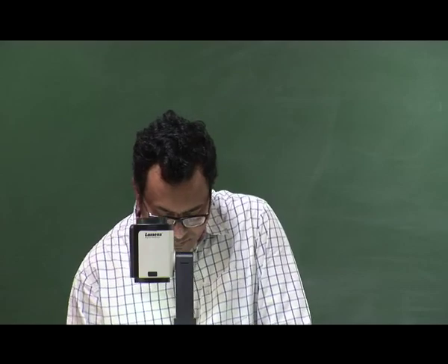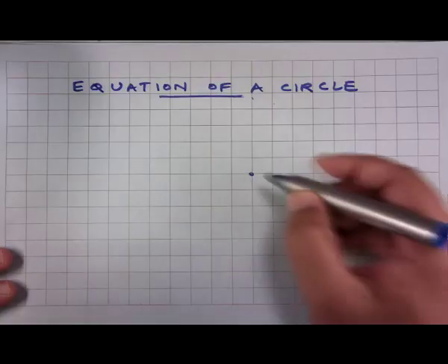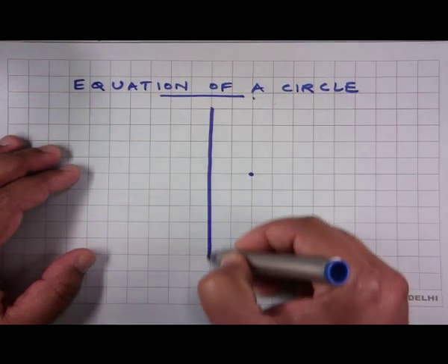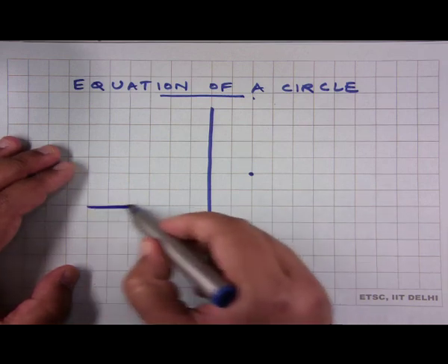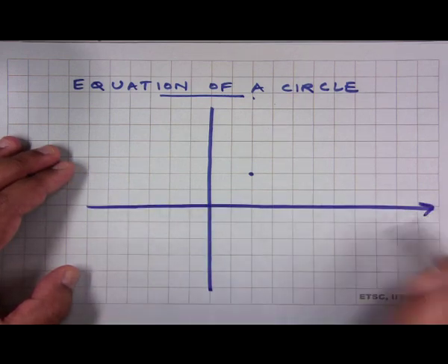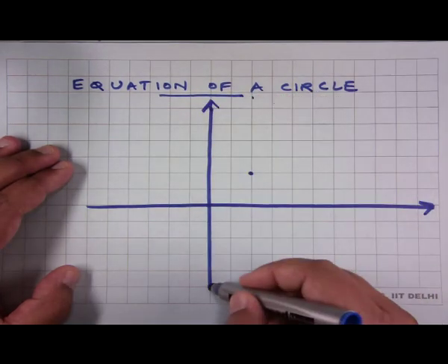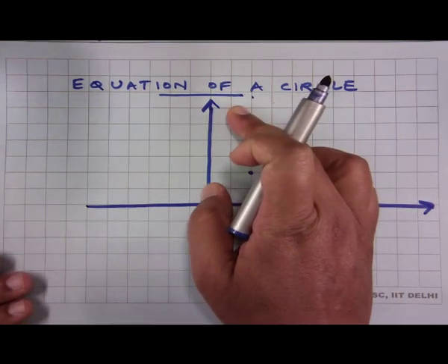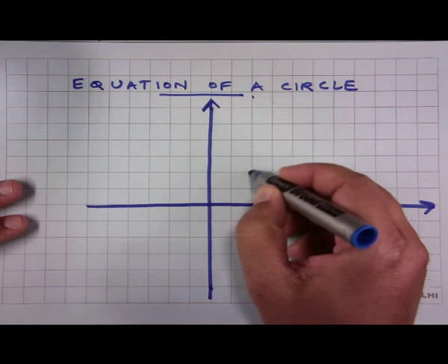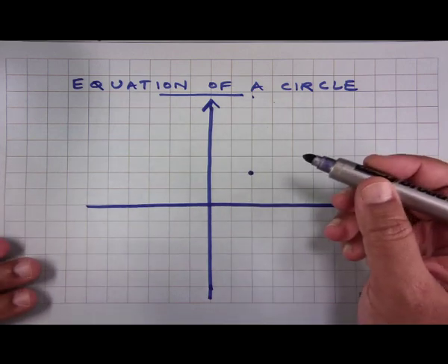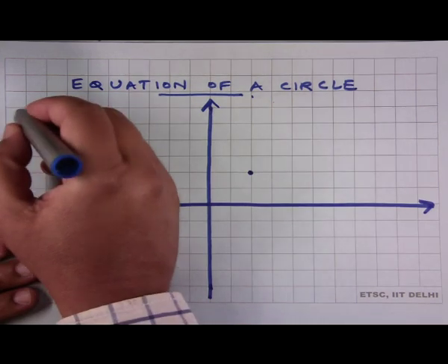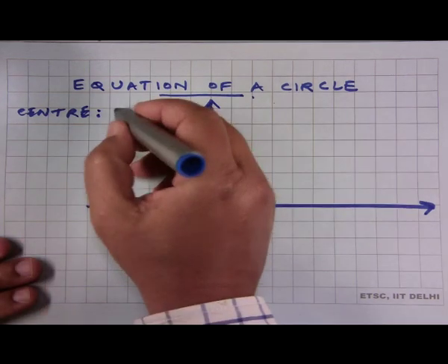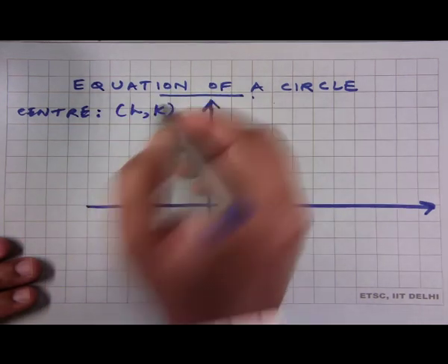Let us go back and let us say that these are the coordinate axes, x axis, y axis, and suppose we have a circle whose center has coordinates h comma k.